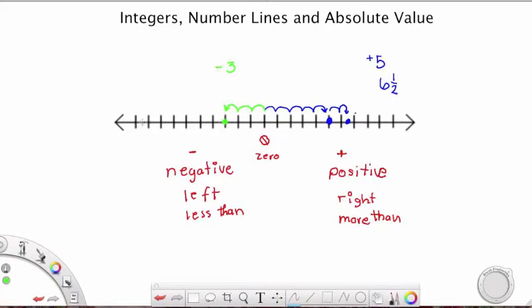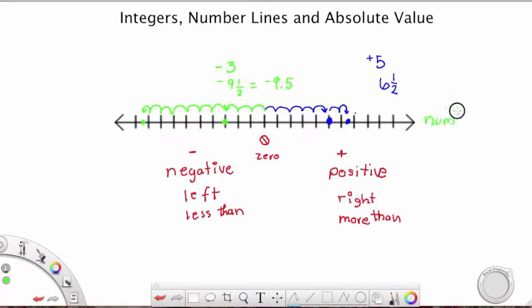And if I go out here somewhere, we have 1 space from the 0, 2, 3, 4, 5, 6, 7, 8, 9, and it's somewhere half between 9 and 10, so we would say that's negative 9 and a half. We could also express that as negative 9.5.